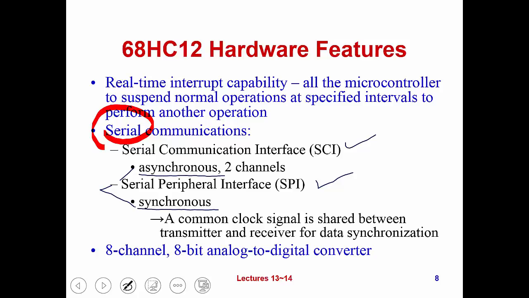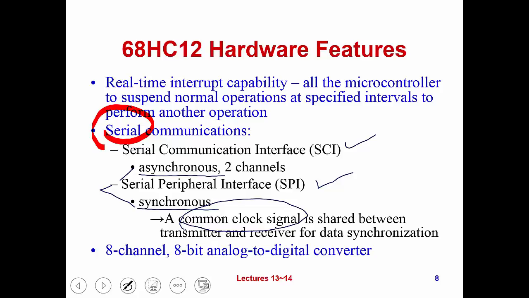For synchronous communication in general, a common time clock signal is shared by both the sender and receiver. When we connect an external device to the 68HC12, the transmitter system and the receiving system share a time clock.